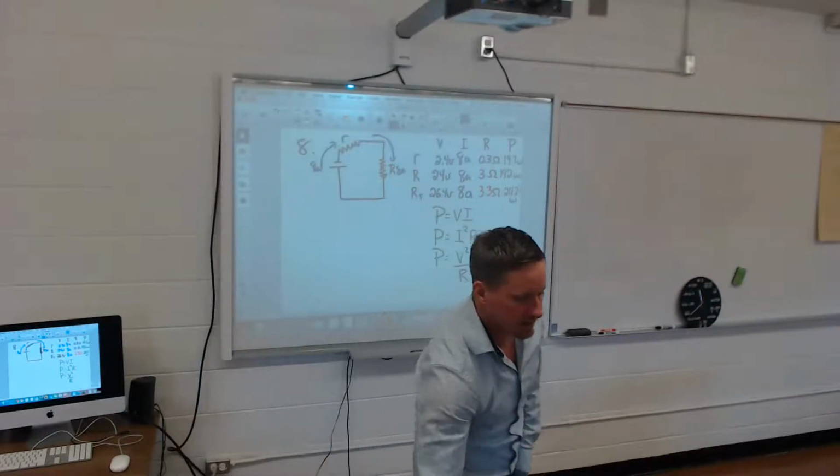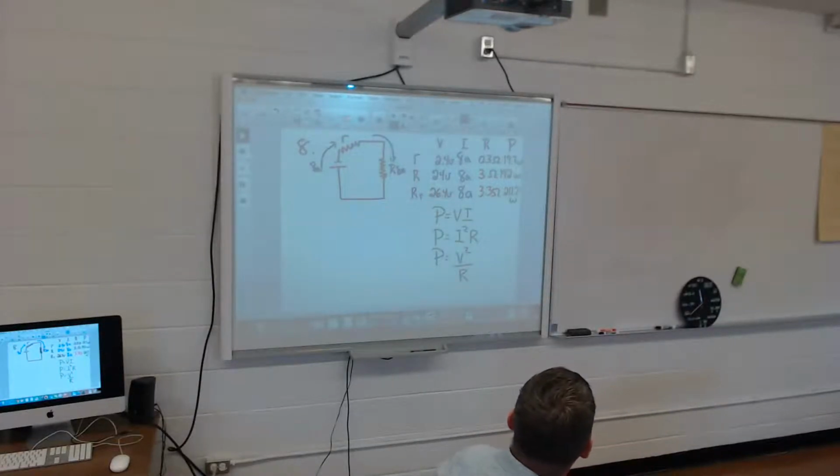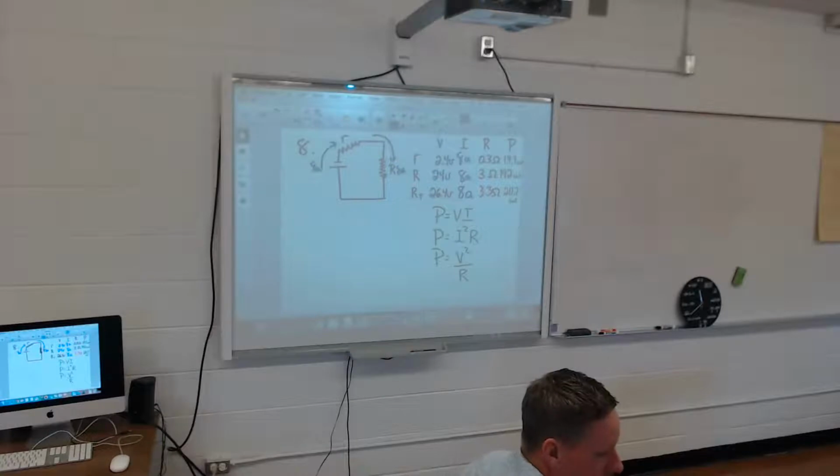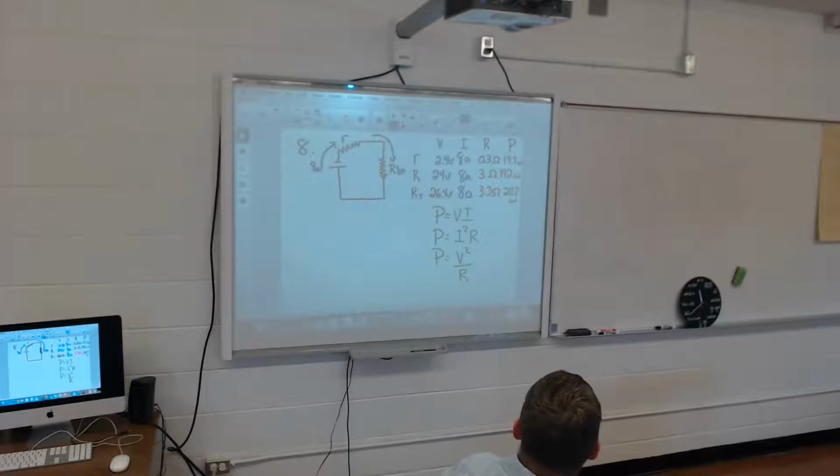You can use one of them or all of them. It doesn't matter which one. Those are for when you're working with volts, current, and resistance.